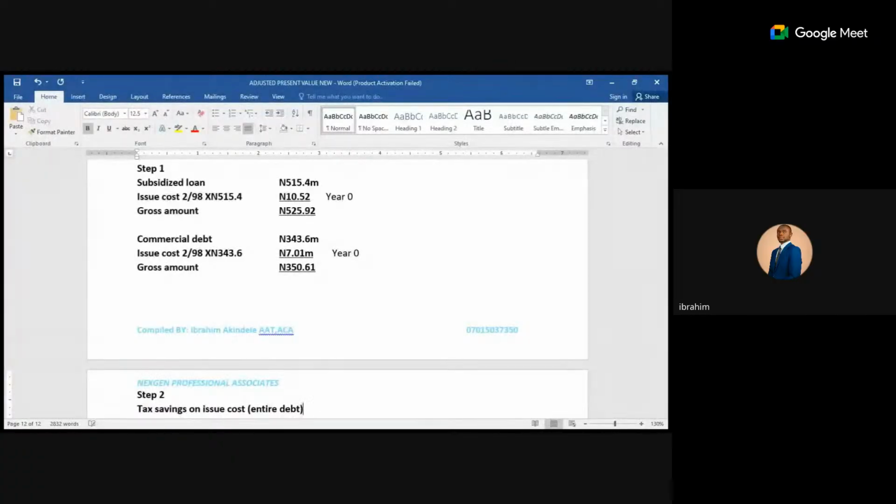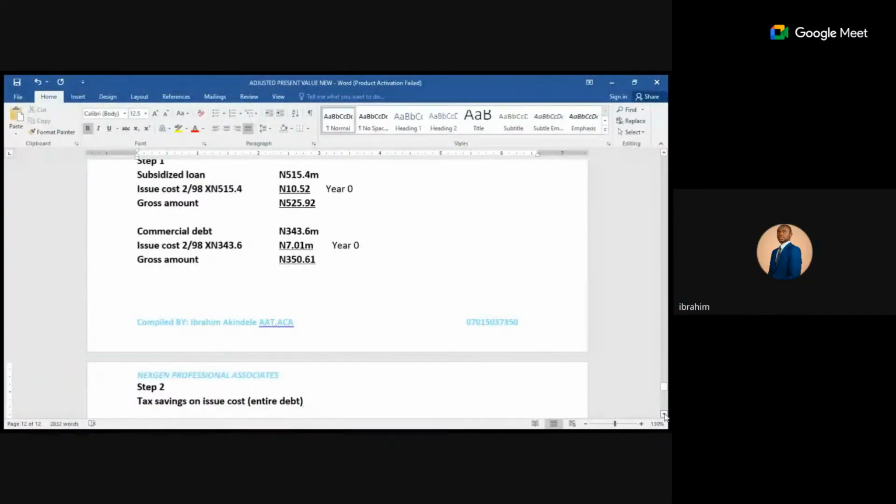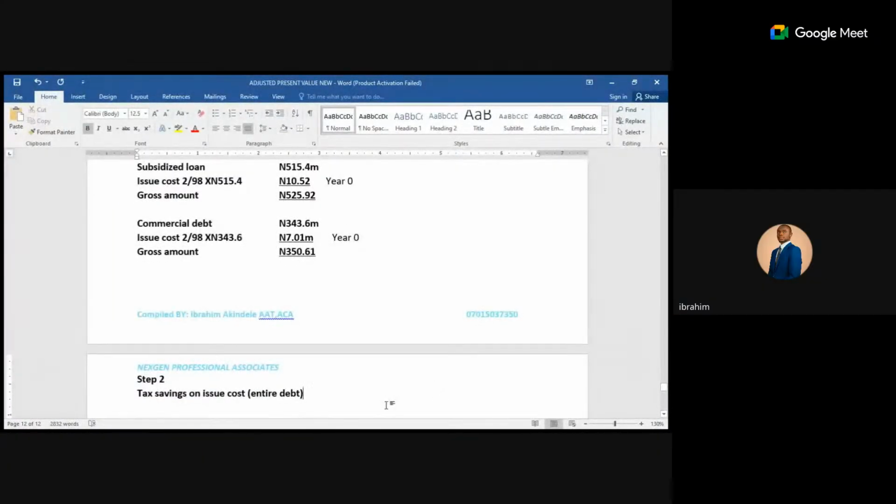You should not forget that a tax saving on issue cost is usually on debt.